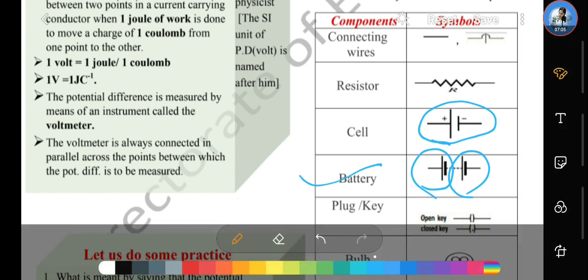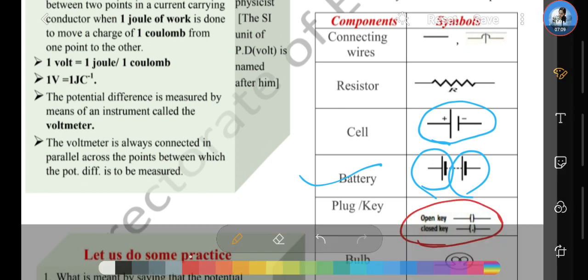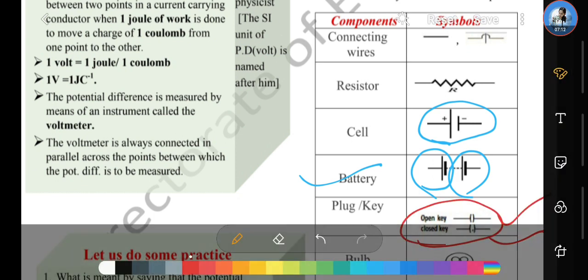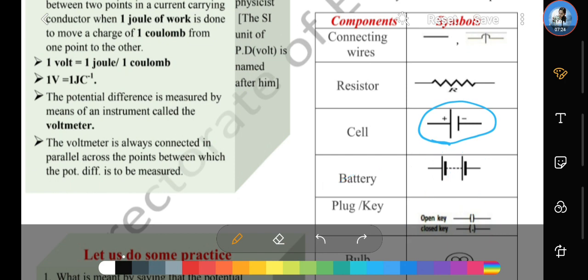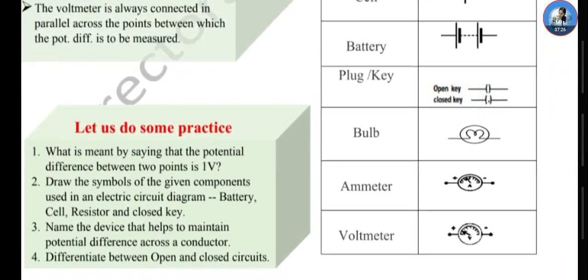Next symbol is plug or key. One is open key and second is closed key. Closed key means your circuit is now closed. And open key means your circuit is open. Next symbol is electric bulb, students.